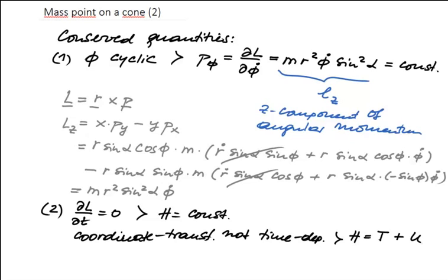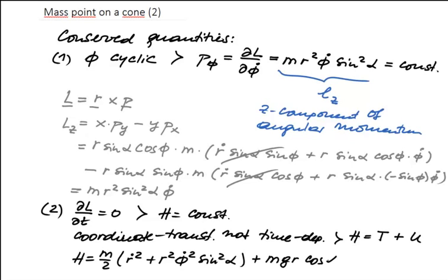For both kinetic and potential energy, we already derived expressions, so we can simply insert them, and we find that H is equal to m half, r dot squared plus r squared phi dot squared sine squared alpha. This is the kinetic part, and then we have the potential energy m g r cosine of alpha. Let's call that E for energy, and this is constant.